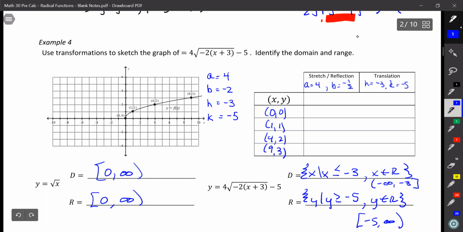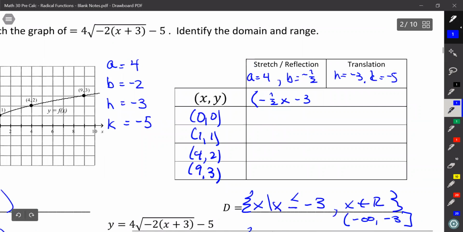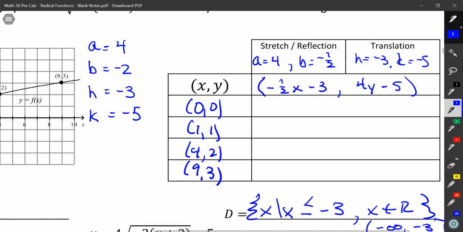So let's map it. It's going to be -1/2 x minus 3, and it will be 4y minus 5. That's our mapping. We need to remember how to map these. We take the first value here, it's x.